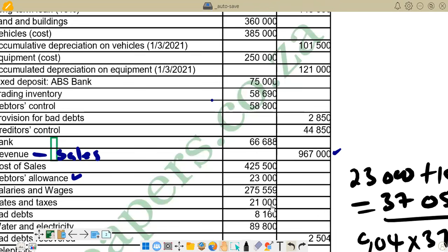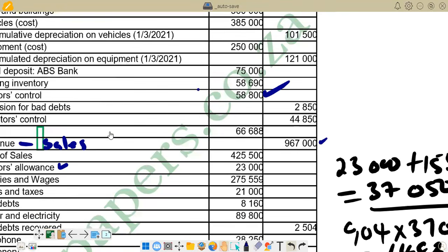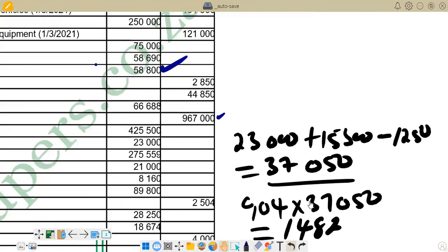Okay, so the figure for debtors control that we have is here. Let's recheck that figure, it might be a mistake. 58,800 is the figure that we have there. So the figure that we put earlier is not the correct figure. We can just remove this one.